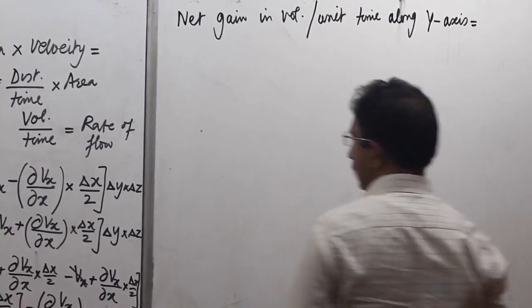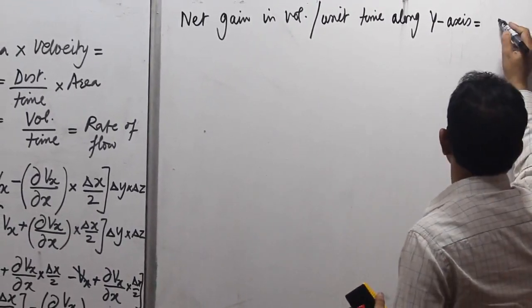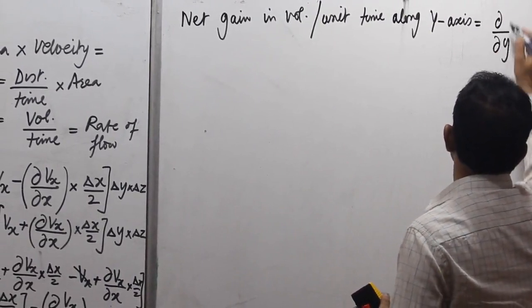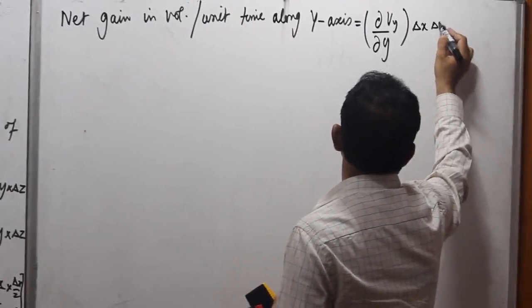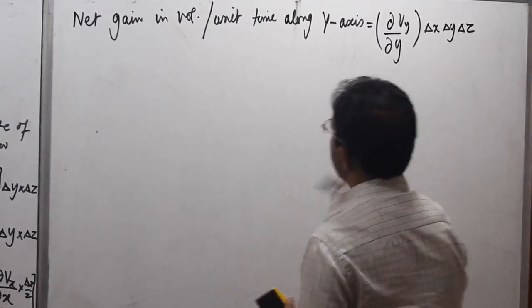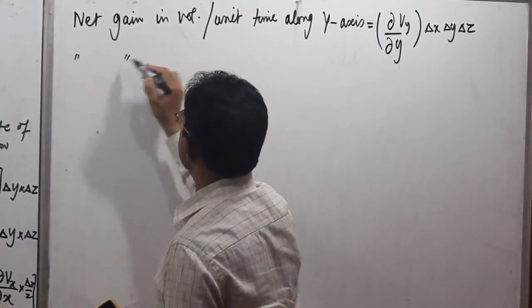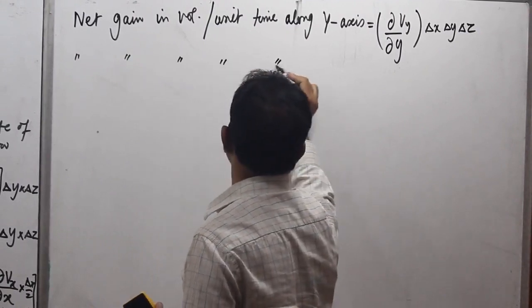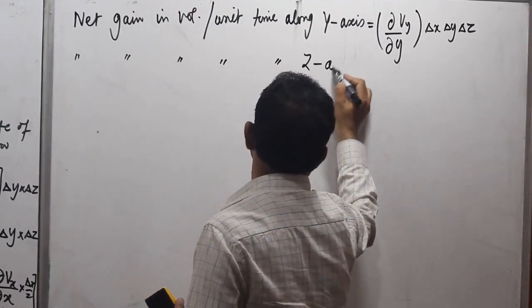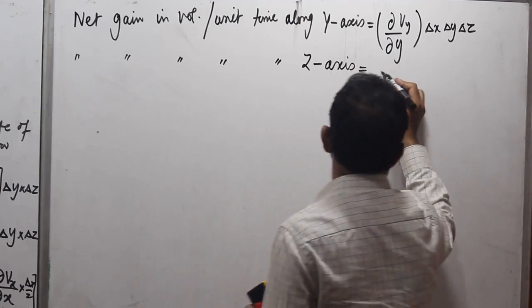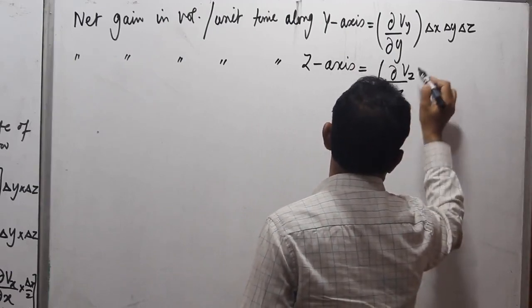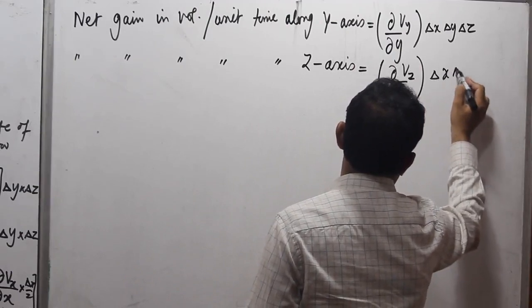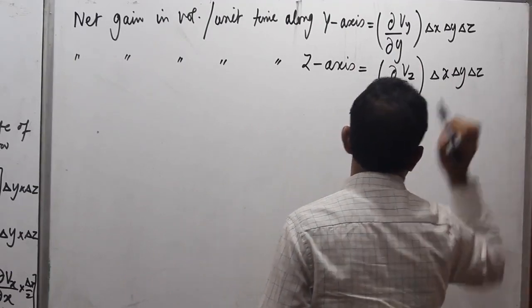You can repeat the procedure and your result will be dou over dou y of Vy multiplied by delta x, delta y, delta z. You can also find the net gain in volume per unit time along the z-axis, which will be dou over dou z of Vz multiplied by delta x, delta y, delta z.